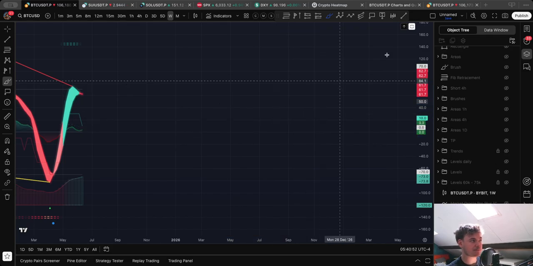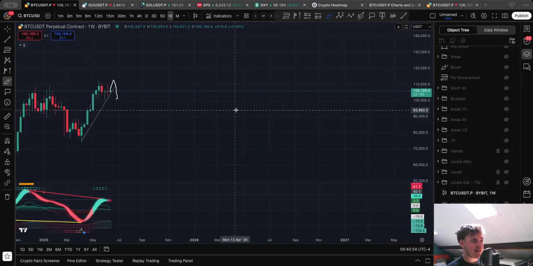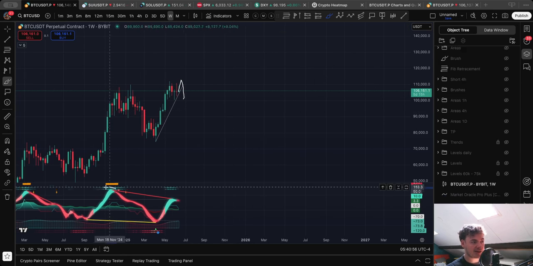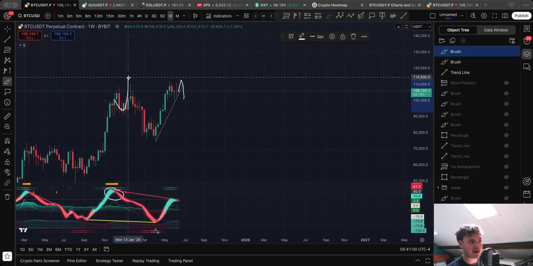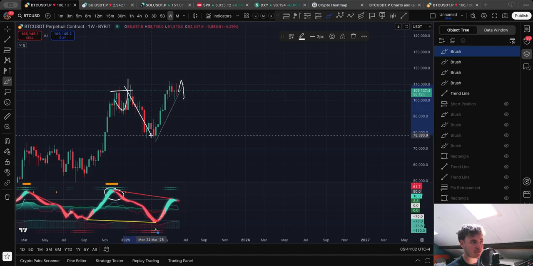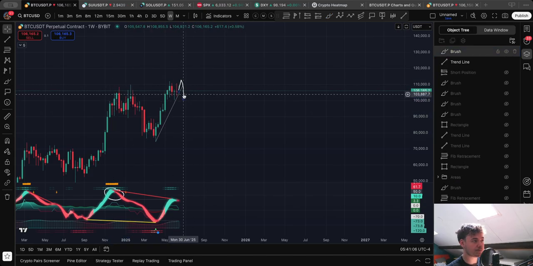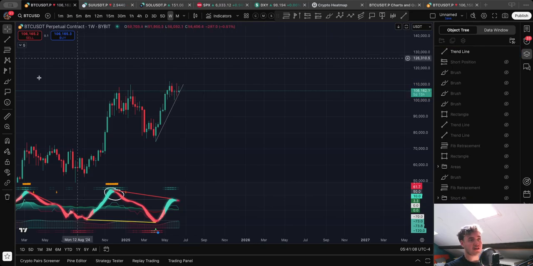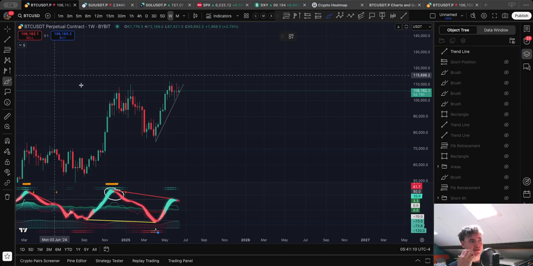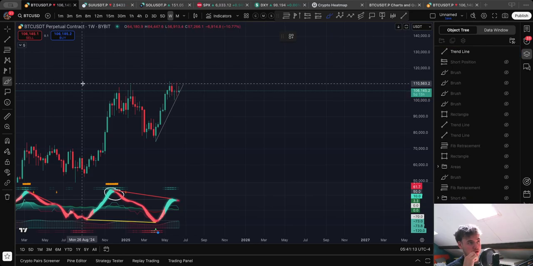Now, if we look at this goose head, as I talked to you before, we can see this. It went down, then up again, took this high, and then it went down. Well, this is something that we could see also here now. And these are the two scenarios that I am expecting in the long term. So big, we are in the weekly, right? Remember that.